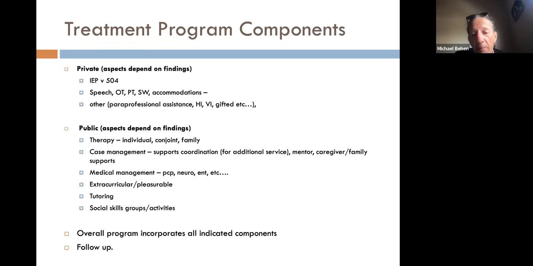Okay, I did want to talk about how we set up the treatment program. What we do is use aspects of both the private world, so private interventions, those in a hospital setting outside of school, but we're also going to use the school when we're developing a program of intervention.